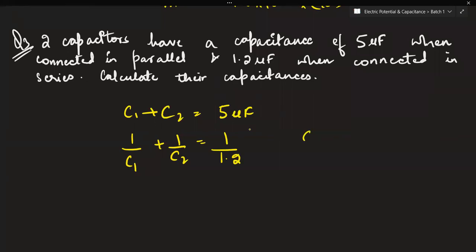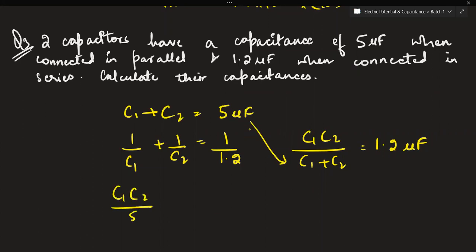Or you can write this as C1 C2 by C1 plus C2 as 1.2 microfarad. So put in the values of C1 plus C2 from here. So C1 into C2 by 5 will be 1.2 microfarad, which is 6. 5 into 1.2 will be 6.